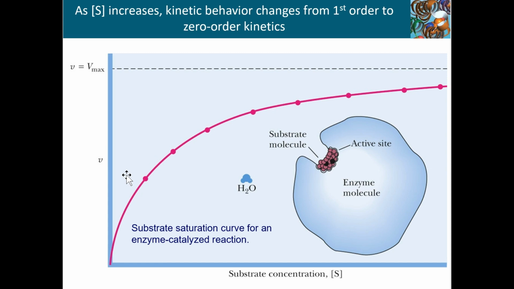So initially, we'll have a similar to first order kinetic because we have a low amount of substrate concentration in which the substrate is limiting the speed at which the reaction can take place.